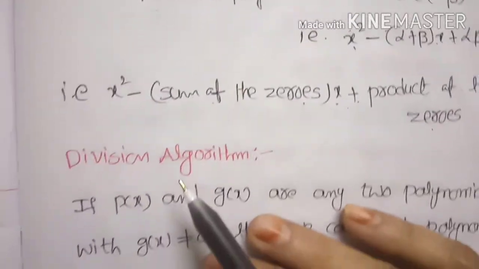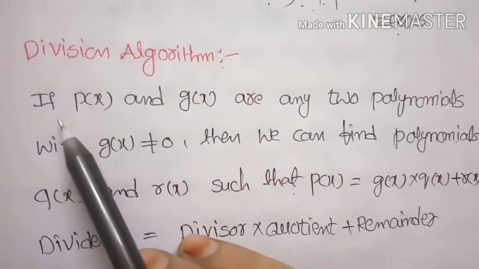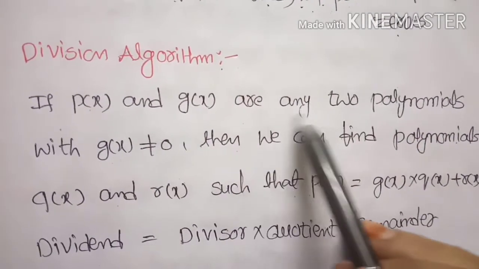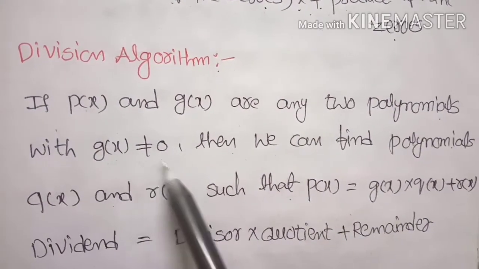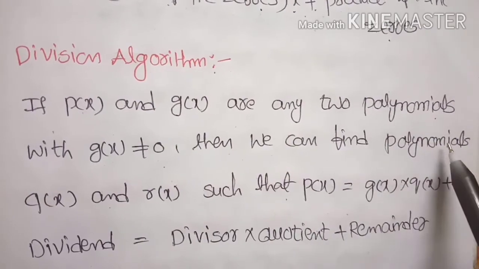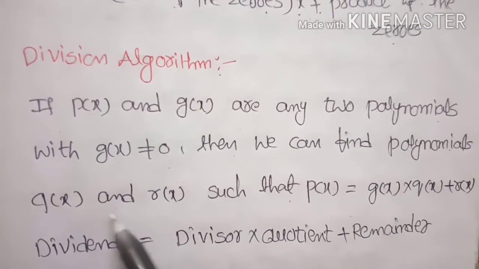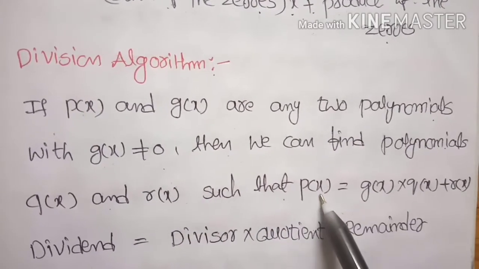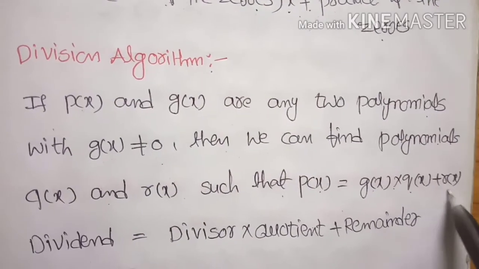Next one, division algorithm. If p of x and g of x are any two polynomials with g of x not equal to 0, then we can find polynomials q of x and r of x such that p of x is equal to g of x into q of x plus r of x.